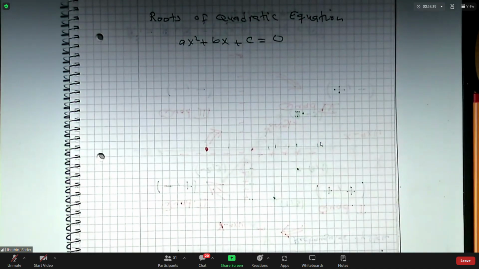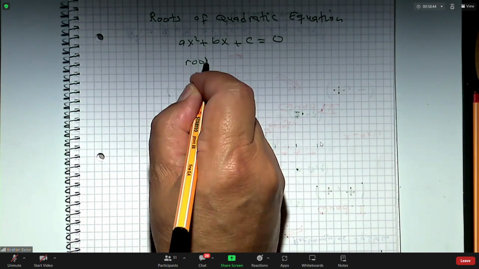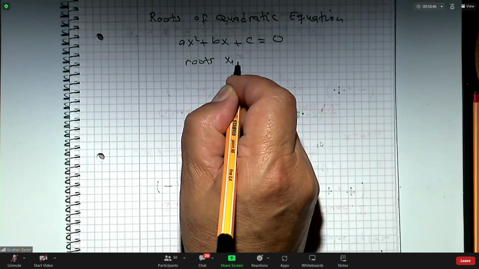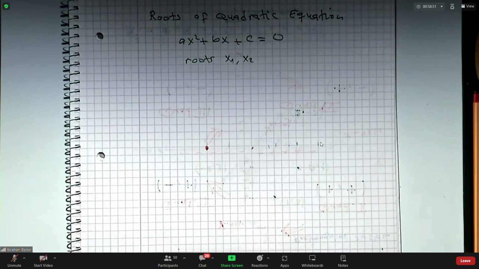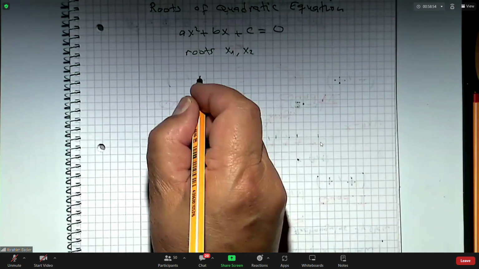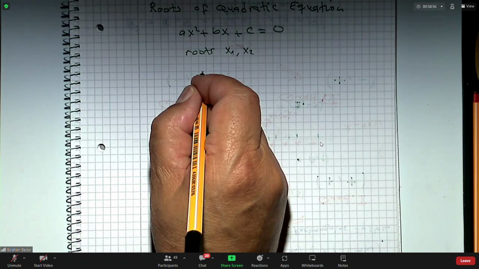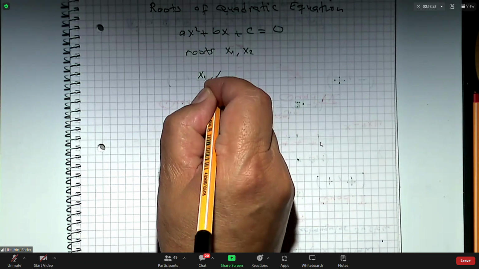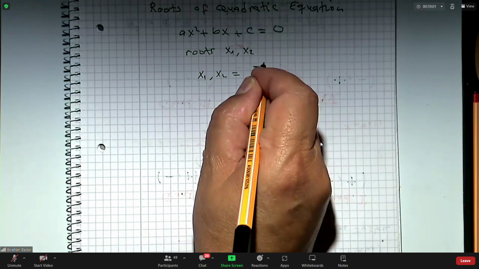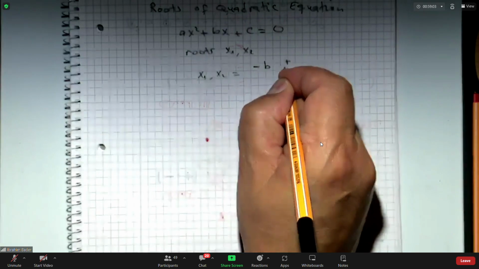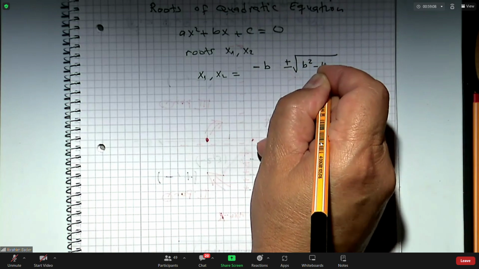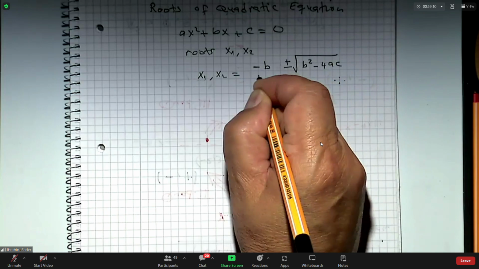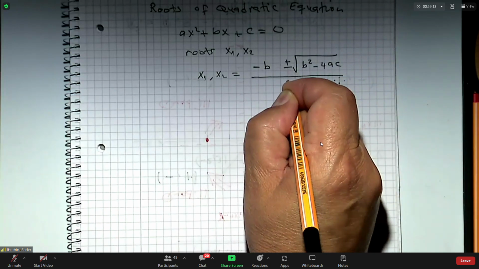You remember this from school? We have roots, let's say x1 and x2. This is equal to, remind me, minus b plus minus the square root of b squared minus 4ac, over 2a.